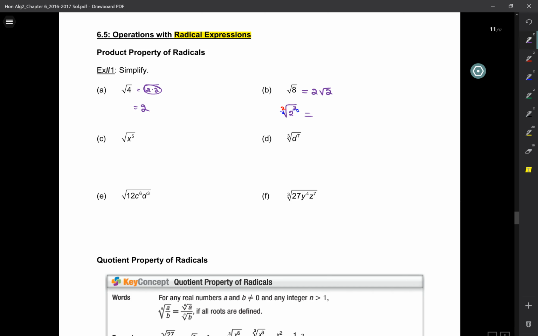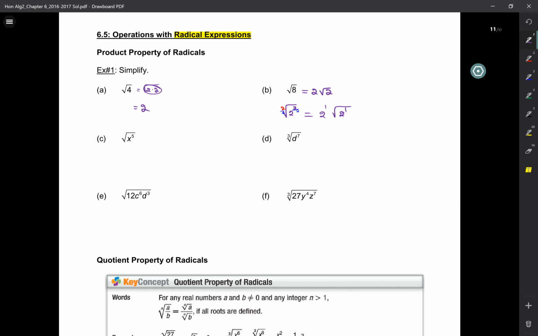So you have 2 to the power of 1 outside, and then 2 to the power of 1 inside. So that's another way that we can do it.